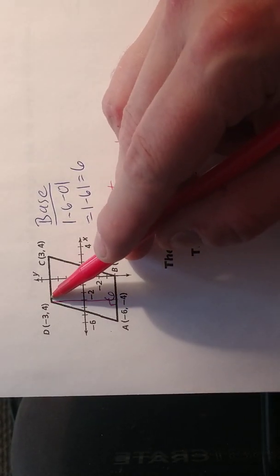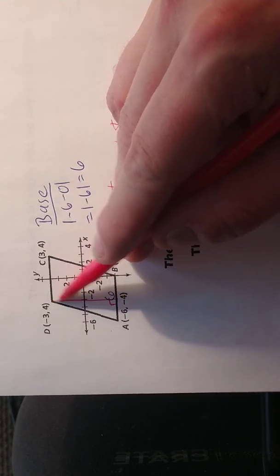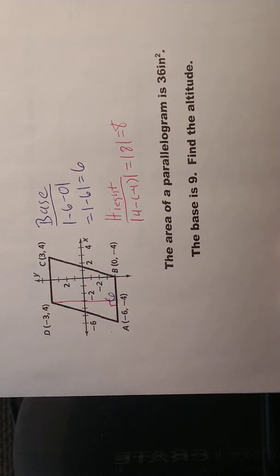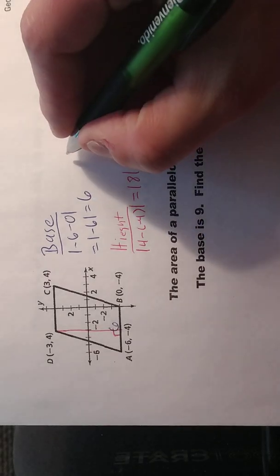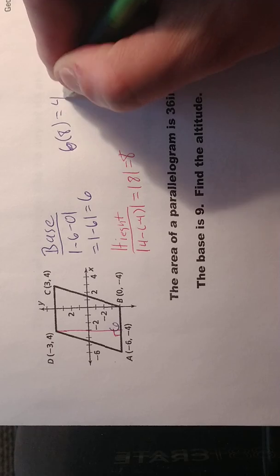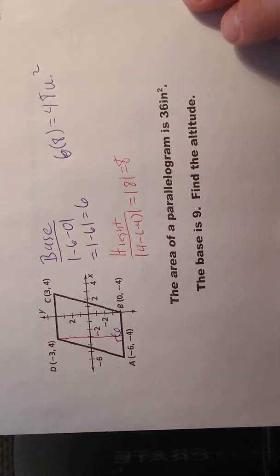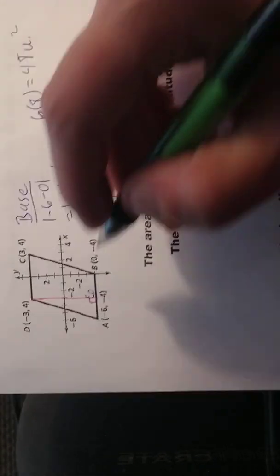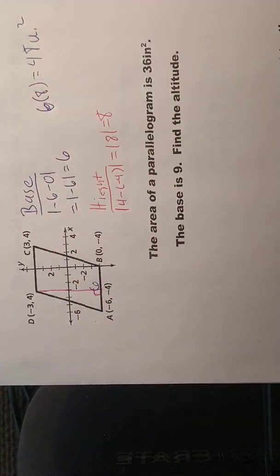So from 4 to -4, that's 8 units. Now my area is 6 times 8 equals 48 units squared. So just be able to count on a grid and find your altitude.